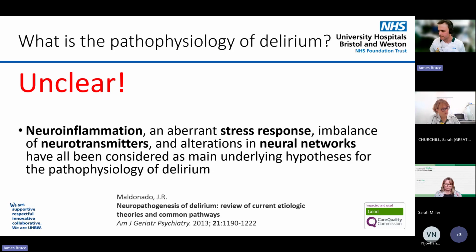They've all been considered, and thinking about my experience of working with patients with delirium, it's multifactorial and it's all of these things, but let's unpick them a little bit further.